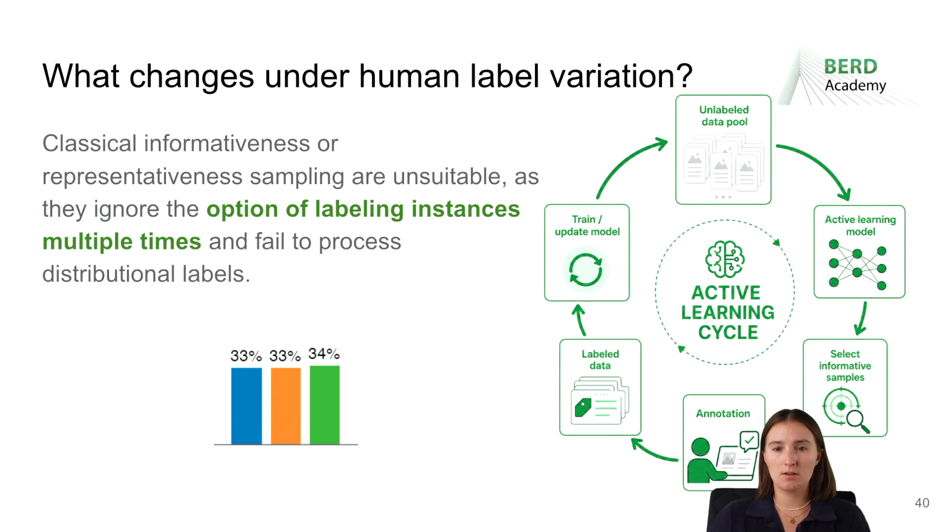And also the option of labeling instances multiple times is important, because if we can only get one single label and then directly put our instance in this labeled data pool, it can happen that this is actually an instance that's very ambiguous, and we actually need 3, 4, 5 or even 10 votes, or depending on the example, maybe 100 votes to figure out to which class it actually belongs.